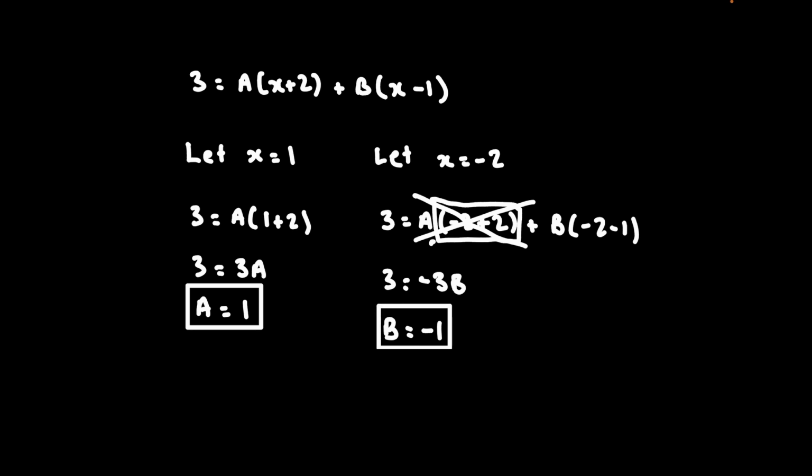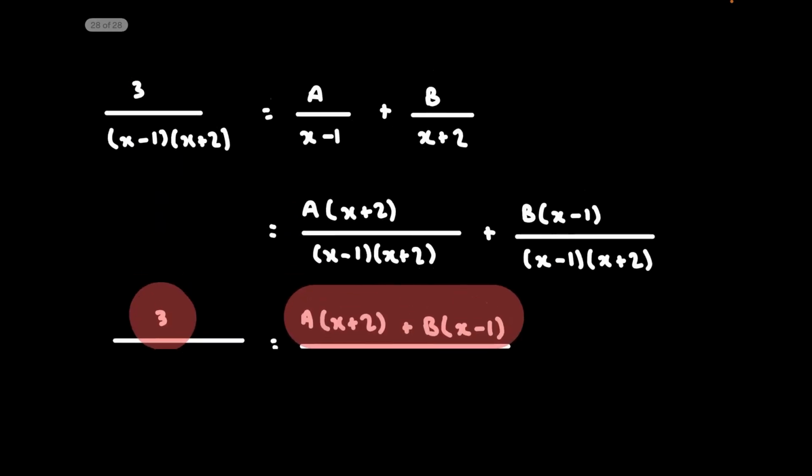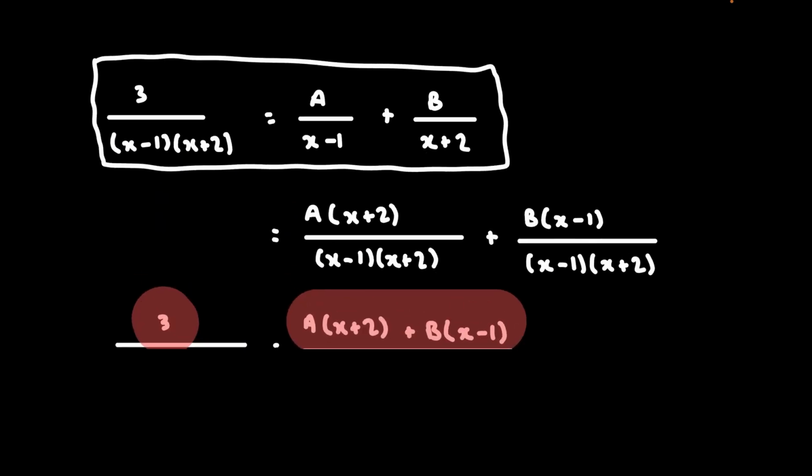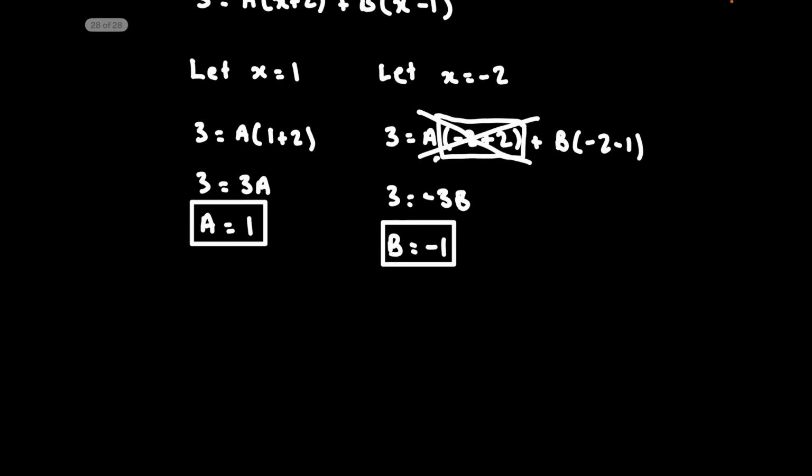And that helps us a lot now, because we knew that at the very start we said this equation here. Our original fraction can be split up into two fractions like this, where a is some constant and b is some constant. Well, not anymore, because we already know what a and b are, we just worked them out.